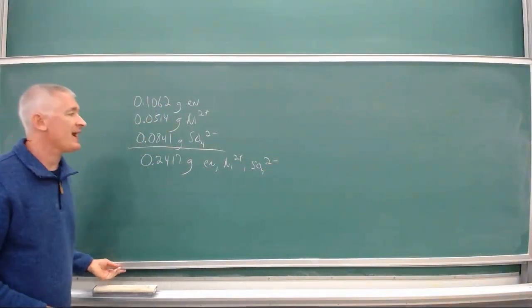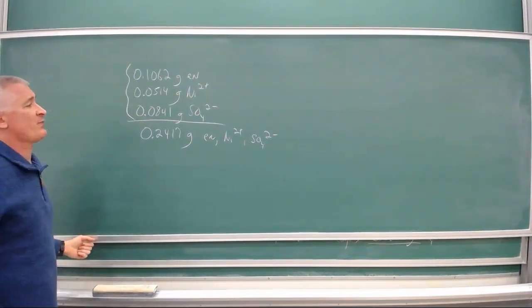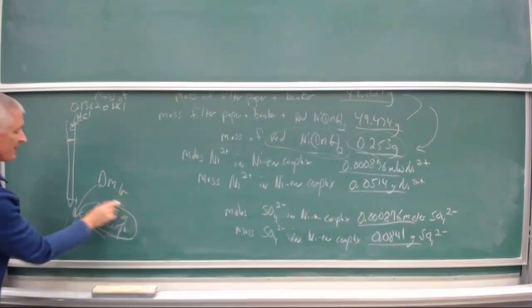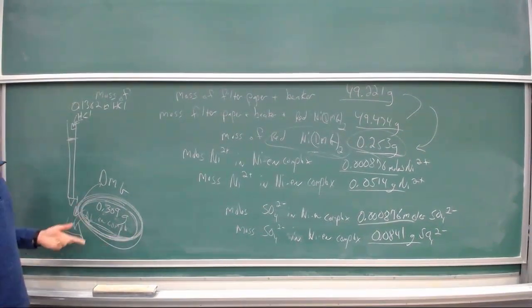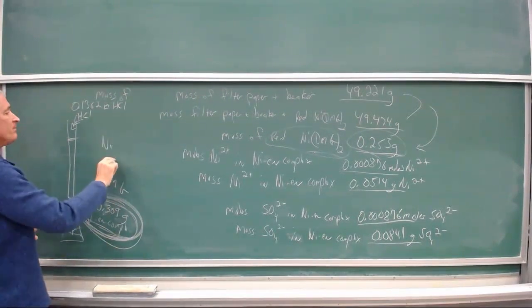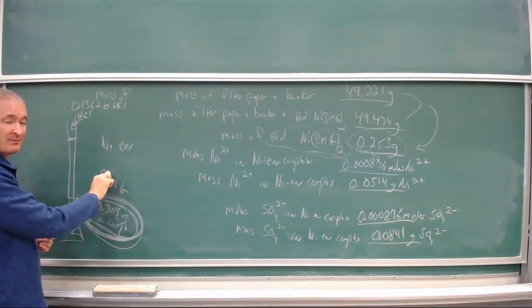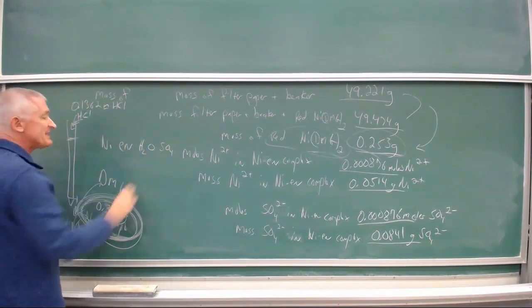But how does that help? Is it not true that when I started this whole analysis process, I started with this much of my nickel complex that I weighed out? The nickel complex that I threw into the container had nickel, it had ethylene diamine, it had water, and it had sulfate, didn't it?